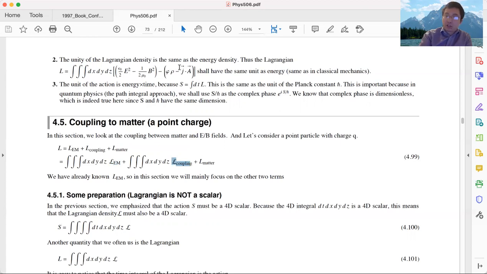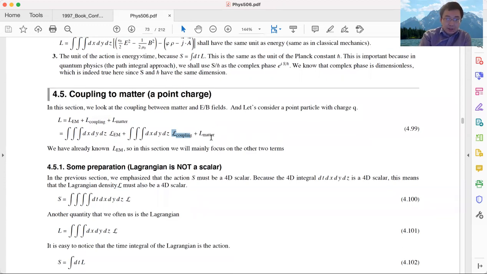As we have learned, the coupling looks like this: scalar potential times charge density and vector potential dot product with the charge current density, with a minus sign in between. So this is the coupling term. In addition, today we will add one more term to the action. That's the matter part. This matter part describes the physics law, the dynamics of a charged point particle, the point charge.